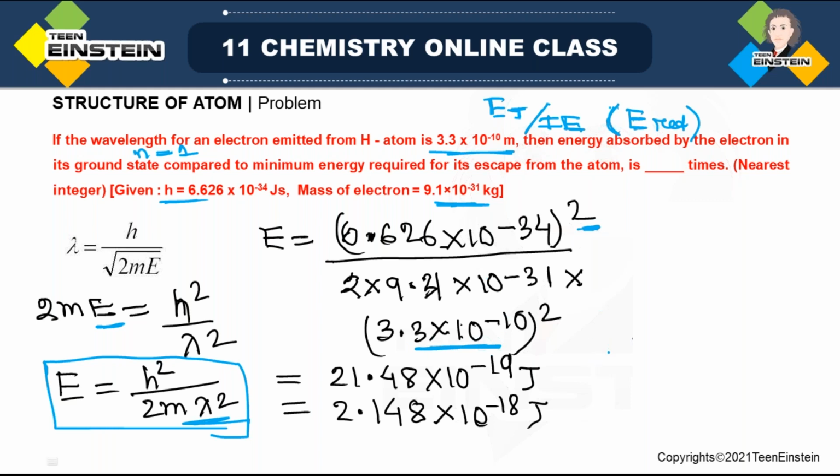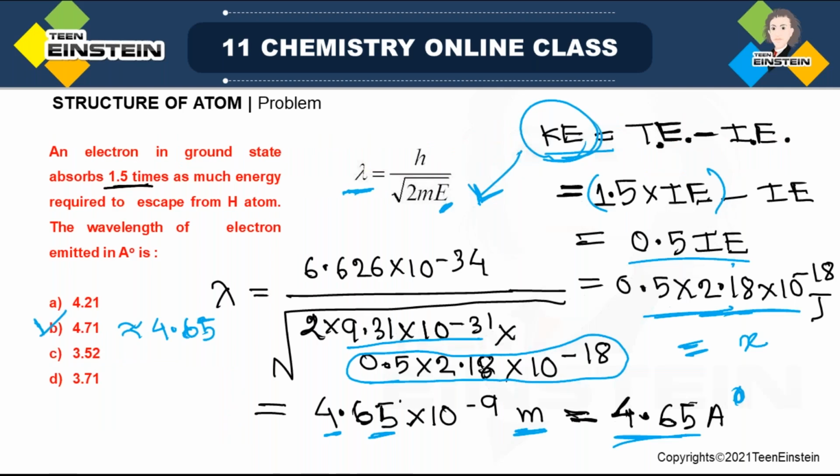Okay, sorry, it is 9.1. The value may vary slightly. Suppose it is a mistake, it is 9.1. In the previous problem also it will be the same. Okay, it is 9.1.